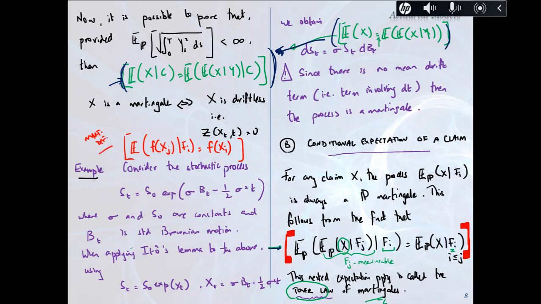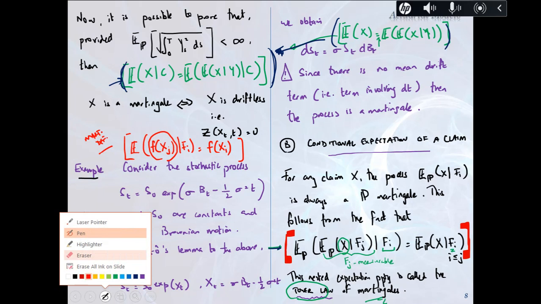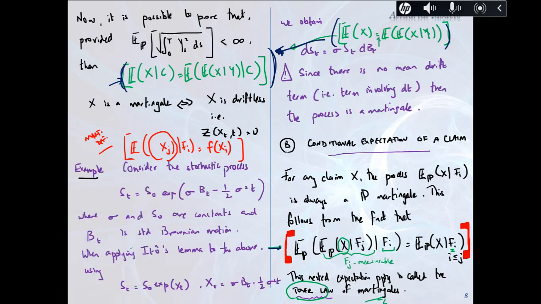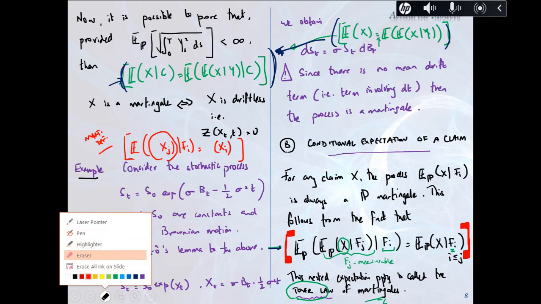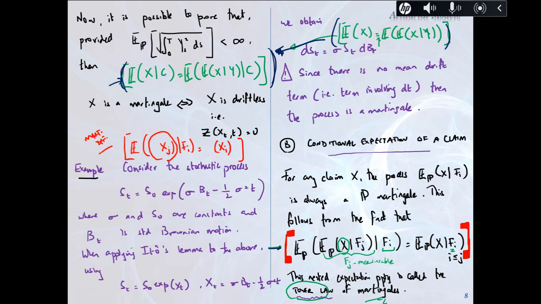Okay, this is a Martingale if I have the expectation of f(xj) given Fi equal to f(xi). Perhaps it may be misleading because I'm using the F here, so I will remove that F. Let's take H here, so H of xj, H of xi.